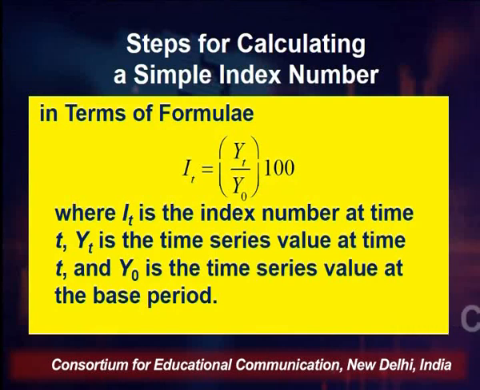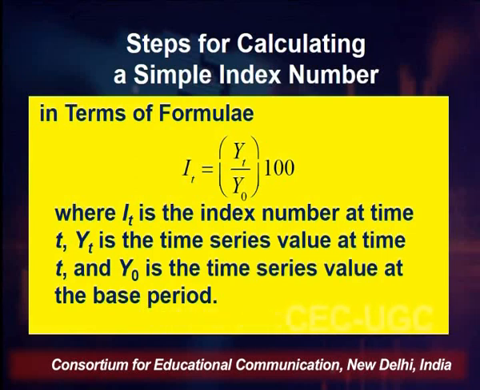So from 2000 to 2023, for every year I can calculate the index number, that across the period, what is the change in every year? That is something which I can calculate. So in terms of formula, I would say it is yt divided by y0 into 100, where it is basically the index number at time t, yt is the time series value at time t, that is the current period, and y0 is the time series value at the base period.